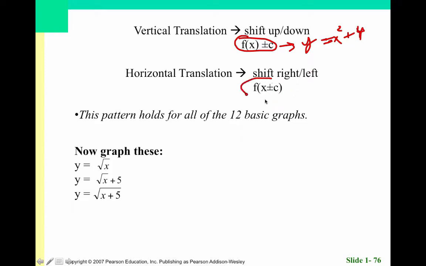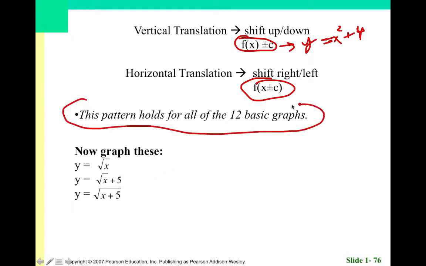When I add or subtract to just the x value, then I'm going left or right. So it kind of has to do with inside the parentheses or outside the parentheses. Now I'll graph these. Please notice the 12 basic graphs that we had in 1.3. All of these, this pattern will hold true for all of them. We'll use this for the entire class.